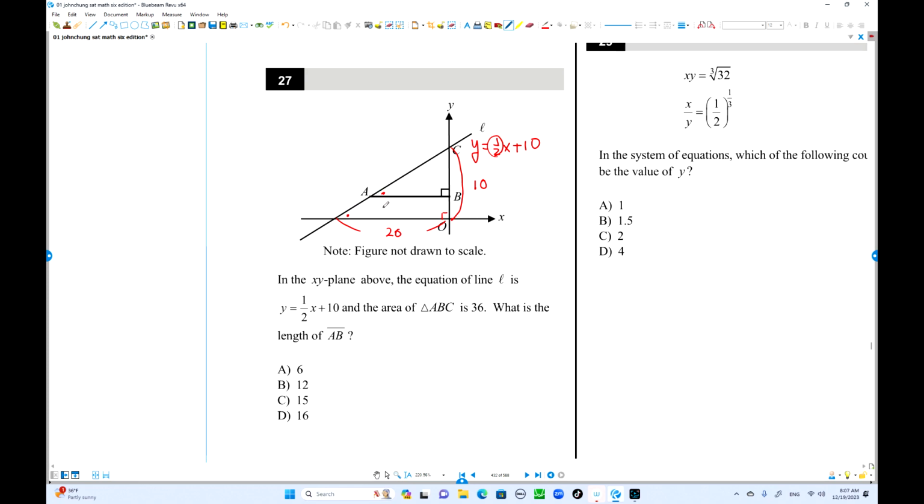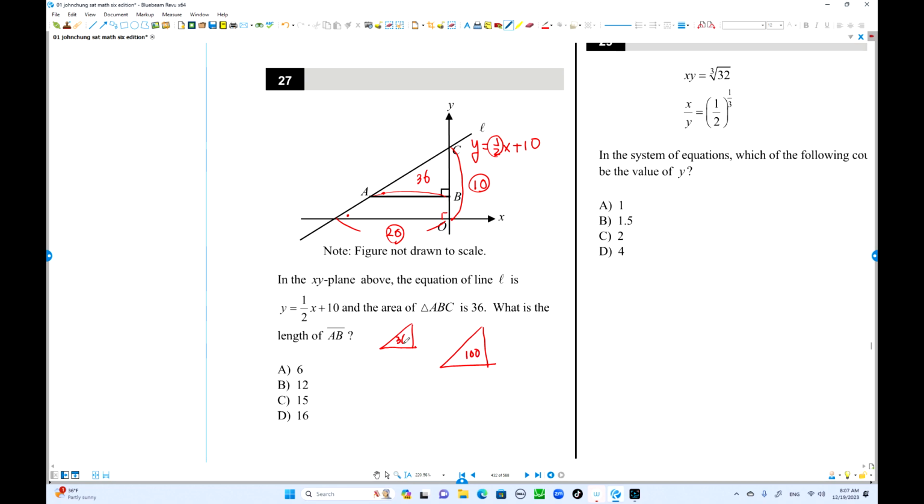Okay. And this is parallel, so these two angles are also equal. They are similar. Okay. So we're going to find the length of this AB. Also, you can use the ratio of the similars too. Okay. This area is 36, small area. Our area is how much? 20 times 10 divided by 2 is 100, isn't it?